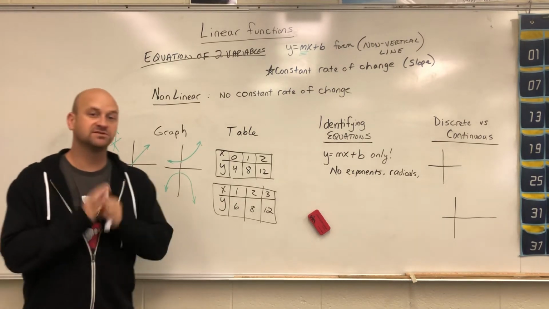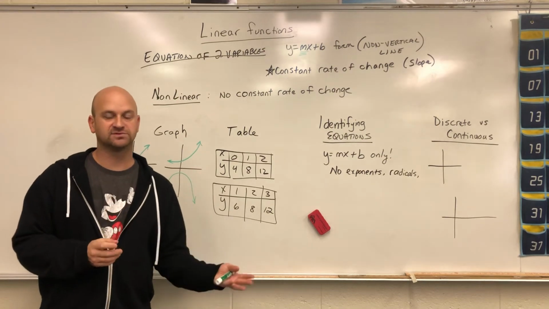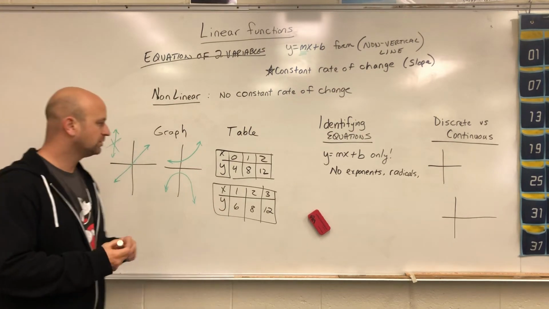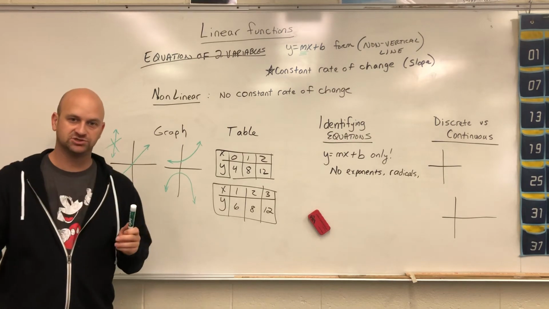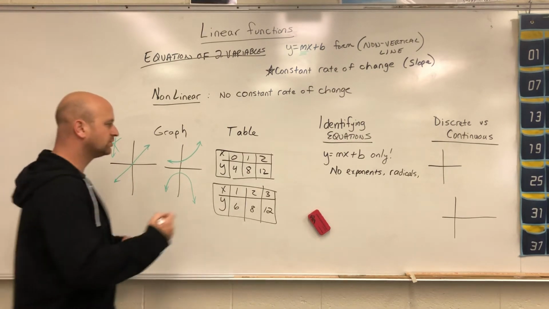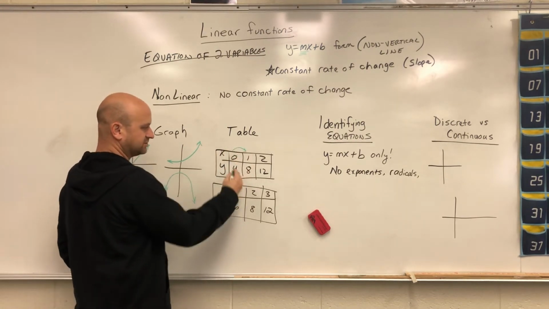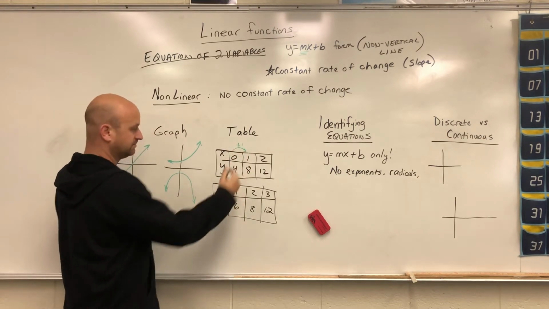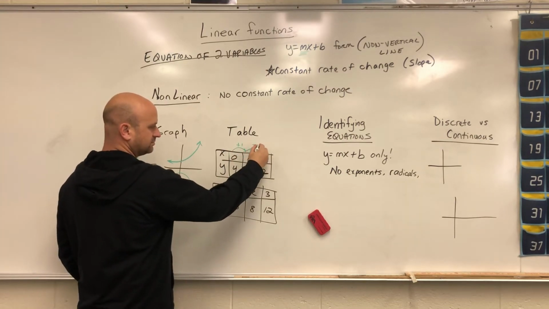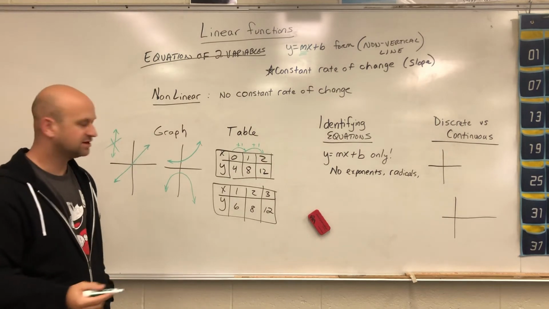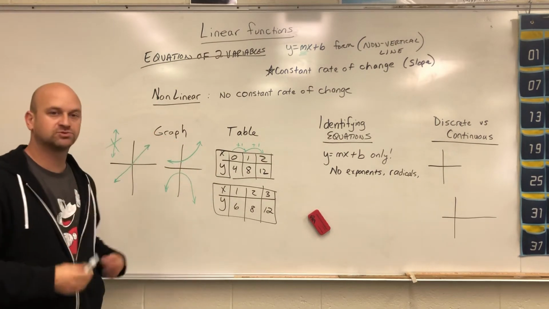Now, if you're given a table, how do you know if those values are linear or not? What you want to do is compare the change between the coordinates. What is the change in this table from 0 to 1? We're adding 1. What about from 1 to 2? We're adding another 1, okay? But now the slope is a ratio.